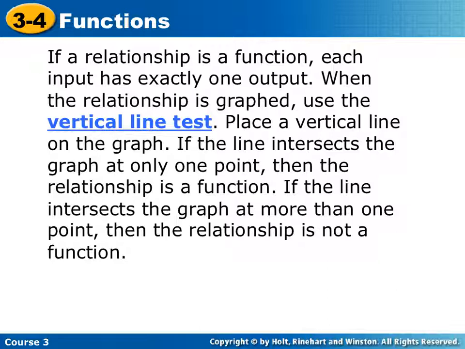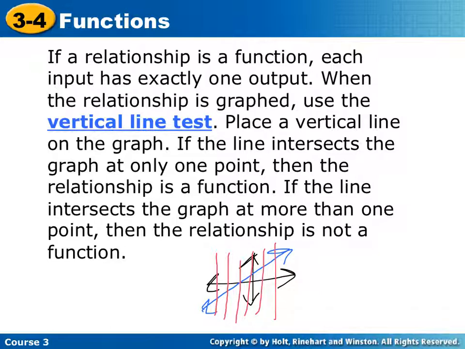What that means is, if I look at my graph, let's say I have a graphed line on my coordinate plane, my blue line is going to be the line that I just graphed. The vertical line test goes like this. I just place an imaginary line down on this graph, I don't have to draw actual lines, and I make sure that a red line only intersects that blue line in one spot.